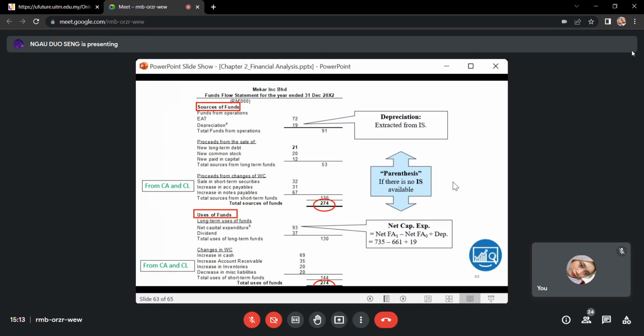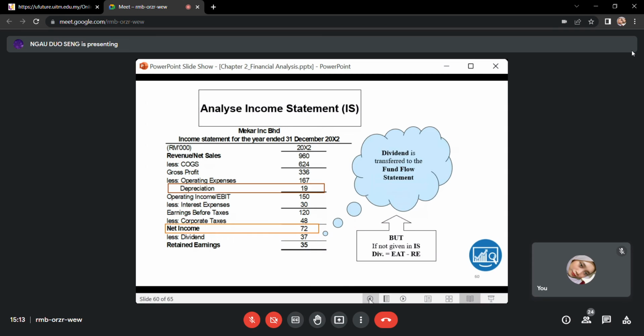So again, we create the fund flow statement for the year ended 31st December 2002. For sources of fund, you copy down the fund from the operation. These two are from the income statement. Earlier we said this is from the income statement.